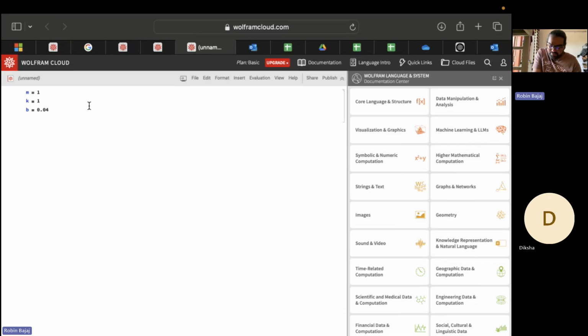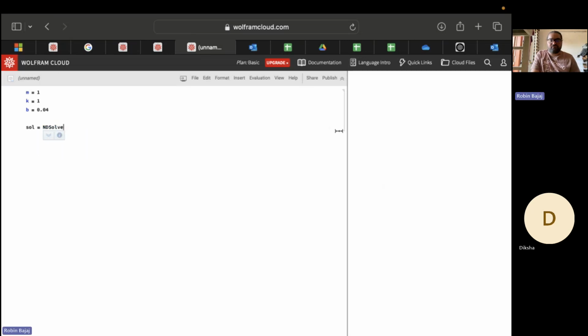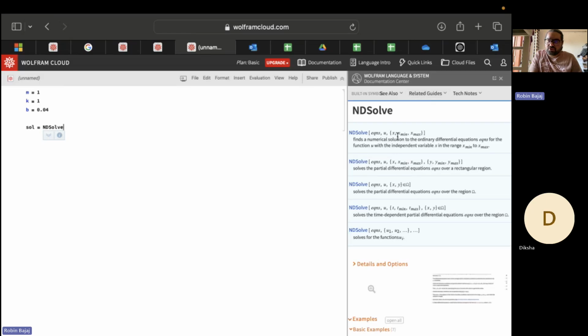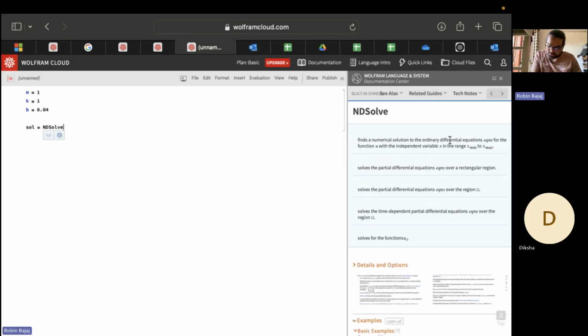Okay, so now your parameters have been defined. I will use NDSolve. Why are we using this function? Let's go to the information. Whenever you're confused about something, just go and look there.